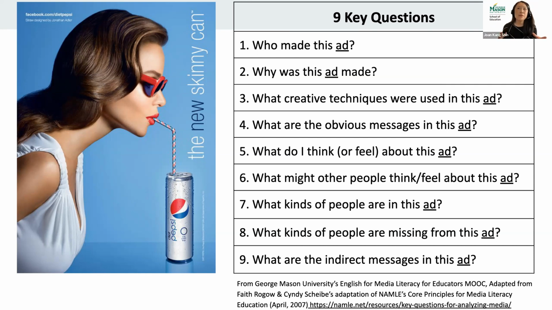These types of messages can be very detrimental to our students or to people as they are constructing their own understanding of themselves and who they are and what is considered desirable or good. That's why it's really important to take a critical look at ads, because images like this can create a certain image of students of themselves.